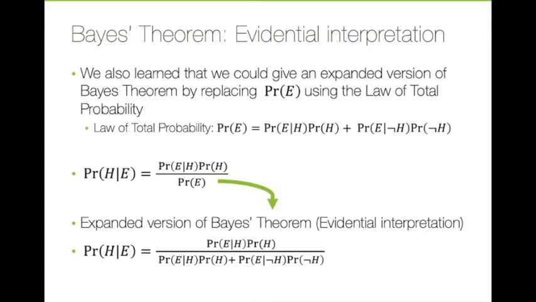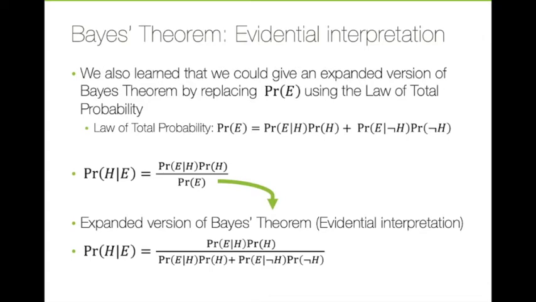We also learned that we could give an expanded version of Bayes' theorem by replacing the probability of E in the denominator using the law of total probability. So here we have stated the version of the law of total probability that gives us the probability of E, the probability that the evidence is true.